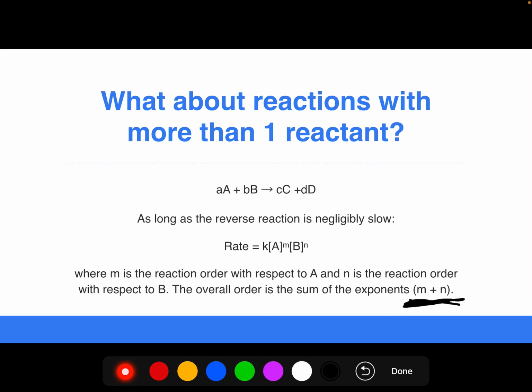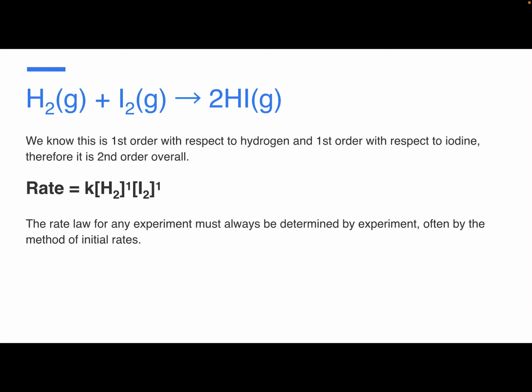So in this case, the overall order is m plus n, but the order of the reaction with respect to A is m, and the order of the reaction with respect to B is n. So there's a couple different ways to word it, and you've got to be careful about that.